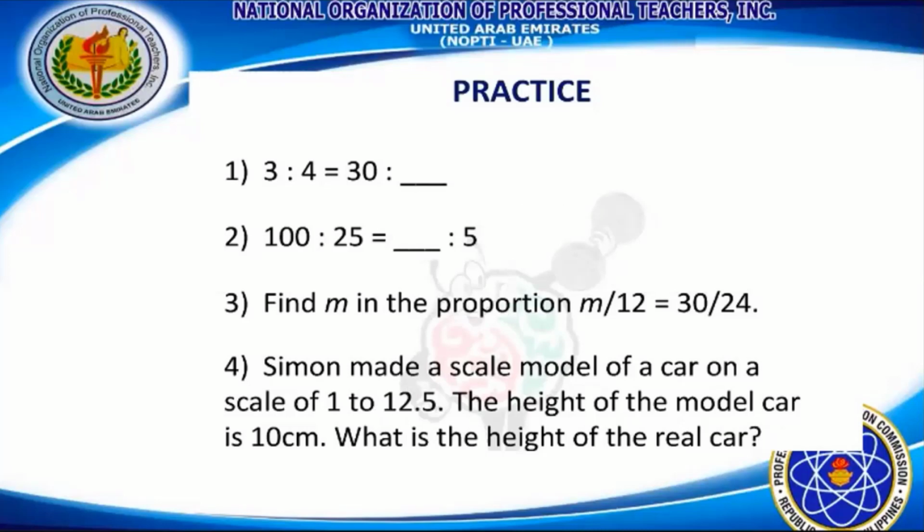So ratio and proportion. 1 is to 12.5 is to 10 equals 10 is to blank. Okay, number 4 is 125. 125. Okay, so that's ratio and proportion. Next.